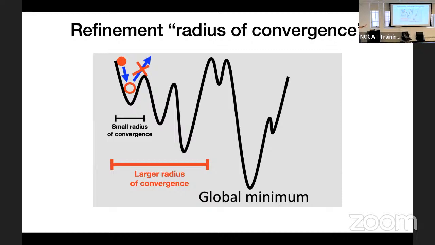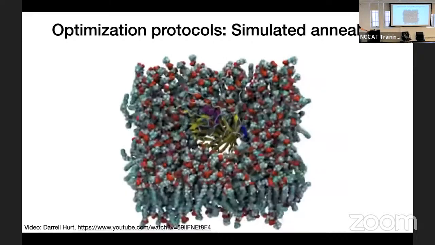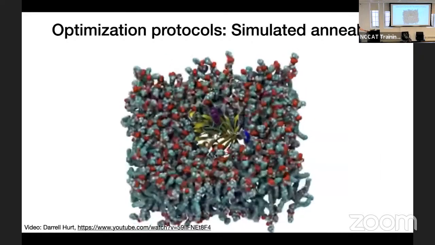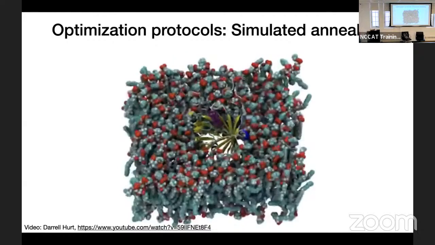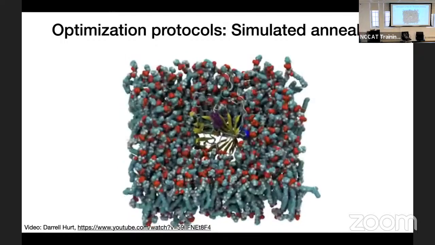But other kinds of refinement have a much larger radius of convergence. That means they can perturb the model in much more aggressive ways and help to get it up over some of these energetic barriers or high points in the scoring function towards the target we're actually after, the global minimum. And so some of these other approaches that are available in Phenix are things like simulated annealing.